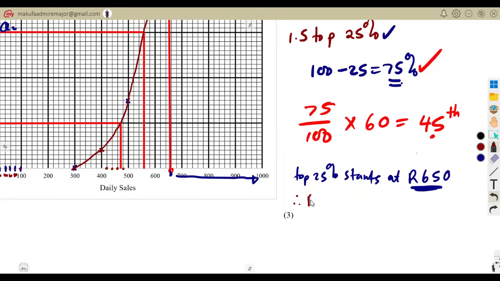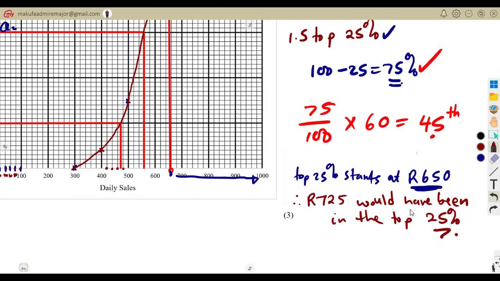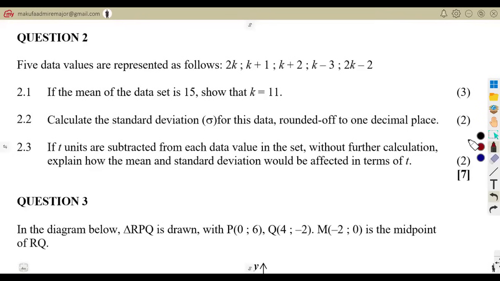Therefore, the 725 would have been in the top 25%. The top 25% simply means 75% of the distribution. If you talk of the quartiles, that is 3/4 of the distribution, which is Q3, the upper quartile. That is the top 25%. So this is how our questions might be given.